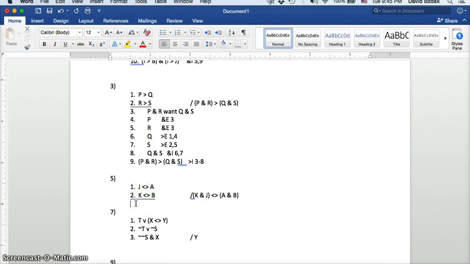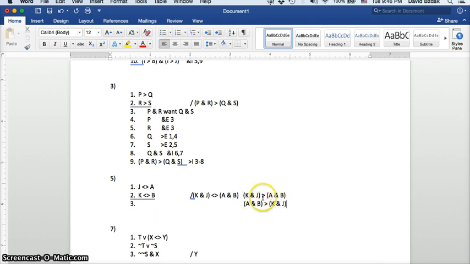So how do we get that? All right. So the thing to remember about a biconditional, if you think about the biconditional introduction rule, is that if you have two conditionals, namely K and J conditional A and B, and you also have the conditional A and B, conditional K and J, right?